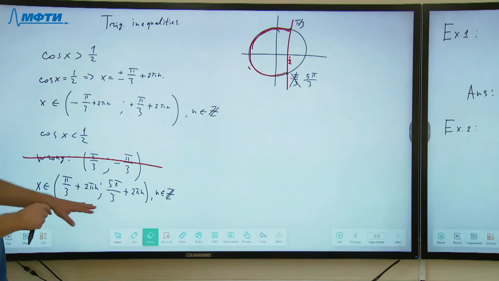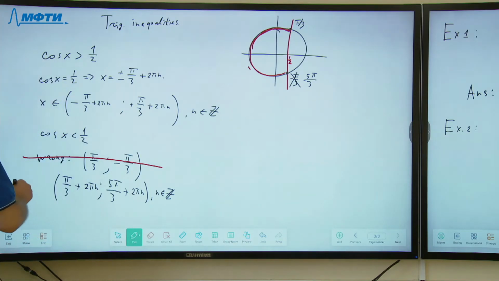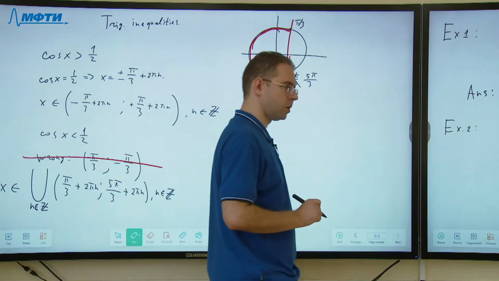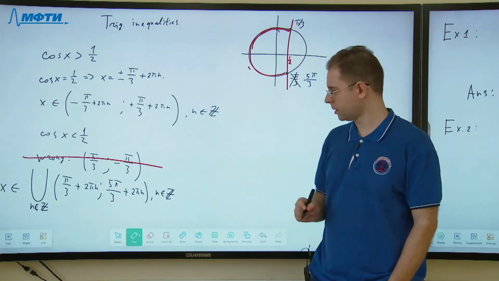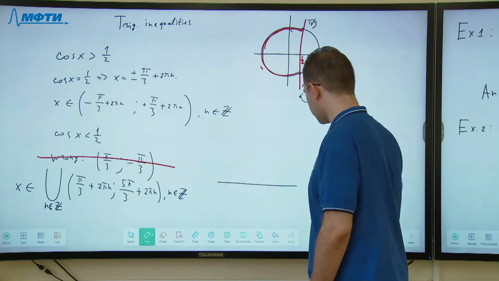So this expression actually means that we are taking a union of all such intervals where n is an integer number and x is from this union. On the number line it would look like this.